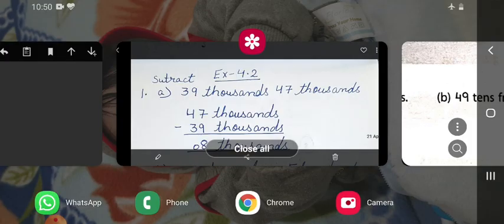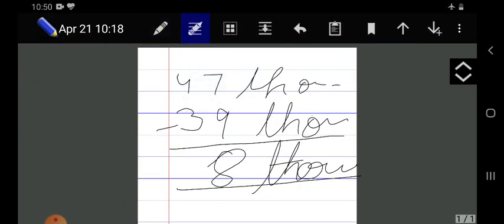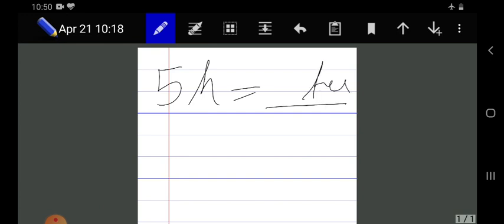Simple one. Here it is 500. So we have converted into tens. As you all know, how many zeros are there in the tens? Sorry, in the tens, 1 0.